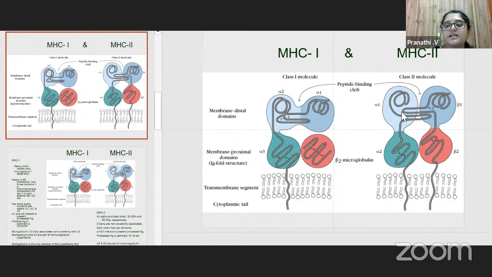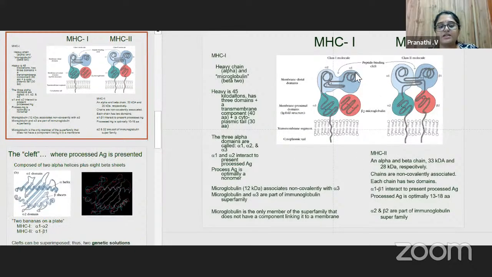This is major histocompatibility complex type 2. It has 2 alpha chains and 2 beta chains, beta 1 and beta 2. You have a transmembrane segment, which is inside the cell's membrane structure. It is around 45 kilodaltons, with 3 alpha domains, where alpha 1 and alpha 2 interact.